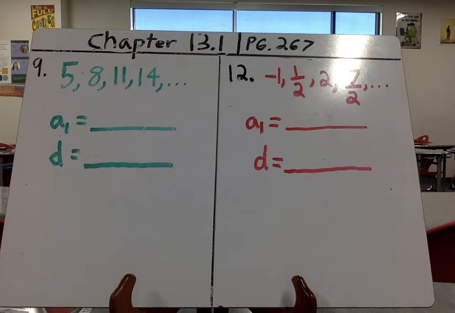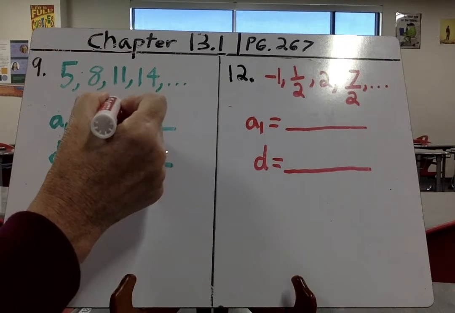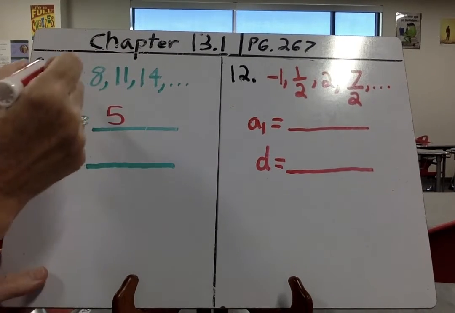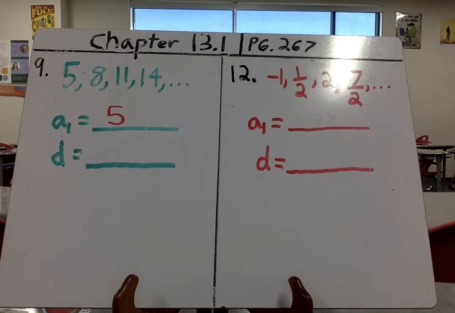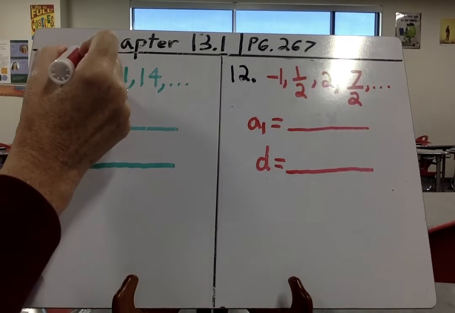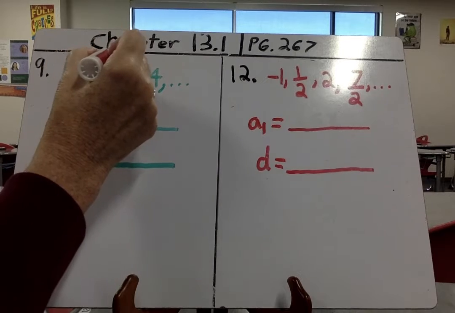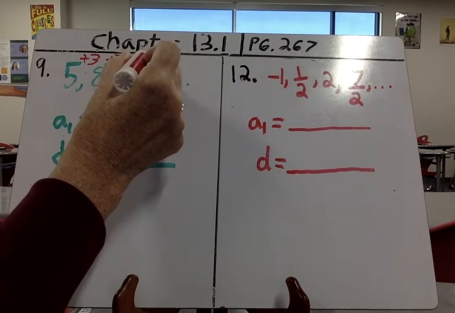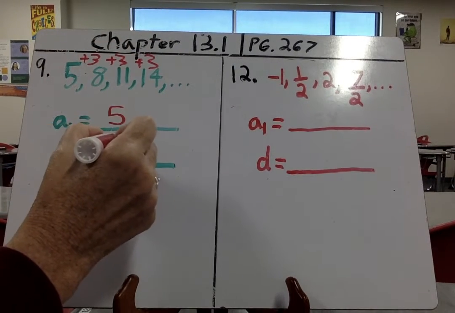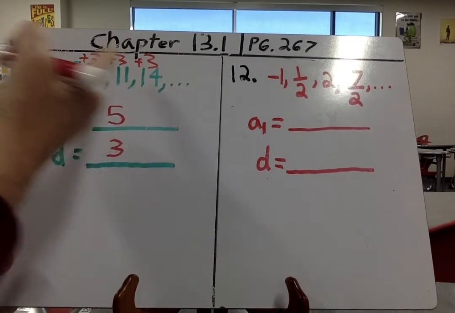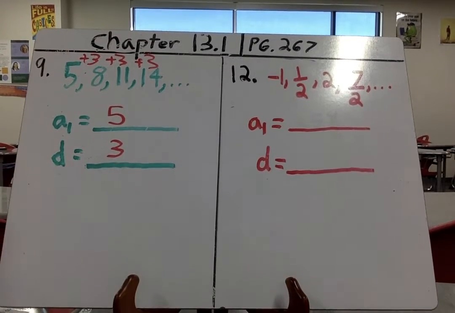So A1 is just the first number in the sequence. D, are we adding or multiplying something each time? Here, let's see, 5 plus 3 is 8, plus 3 is 11, plus 3 is 14. So D is 3. Now, if it had been subtract, then this would be a negative number.